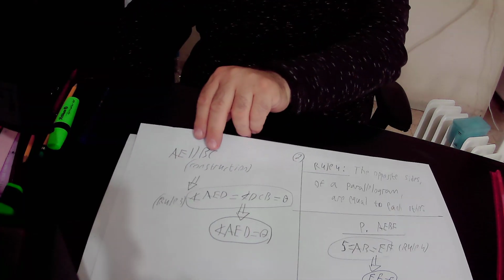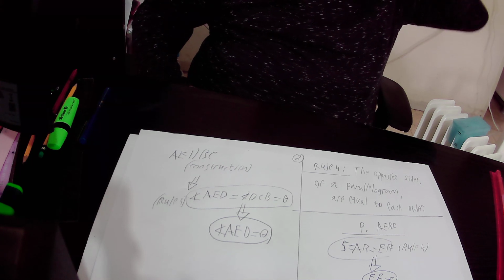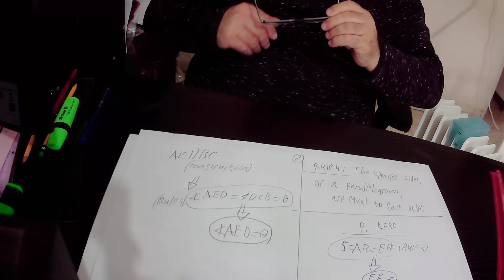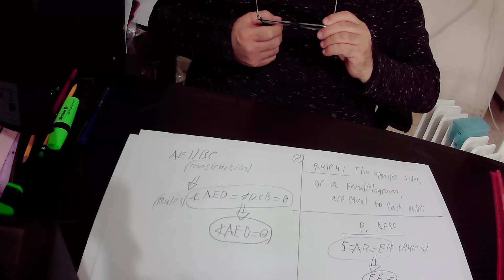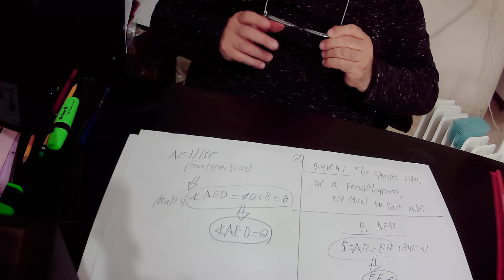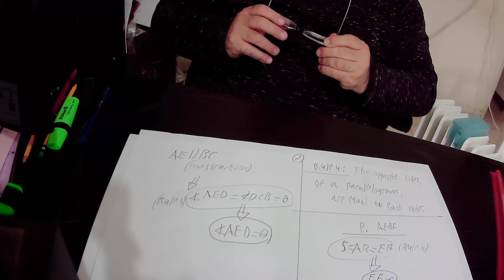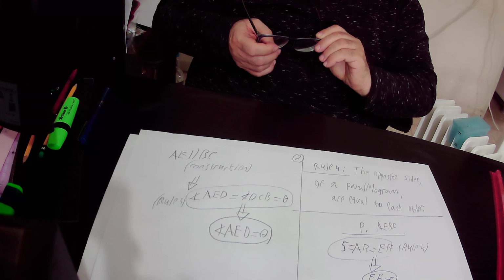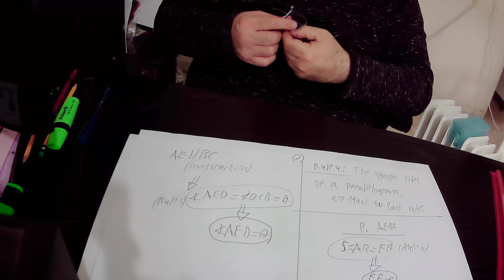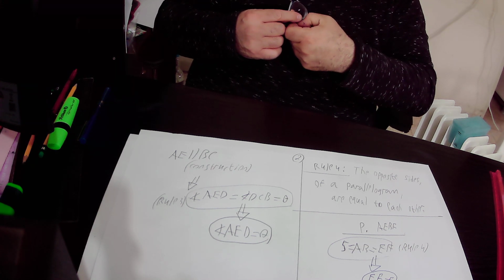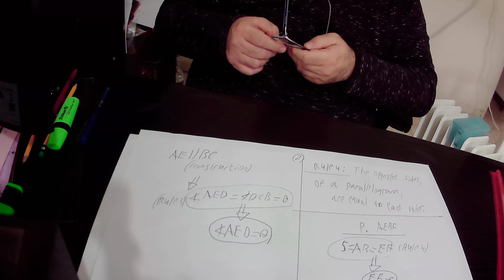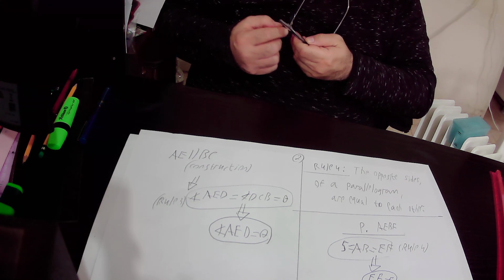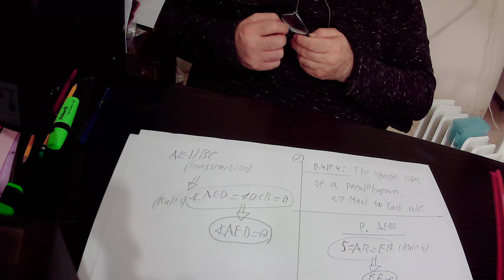Then I presented to you rule number 4. According to rule number 4, the opposite sides of a parallelogram are equal to each other.